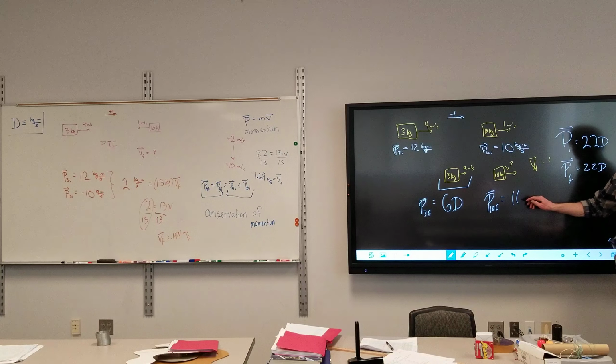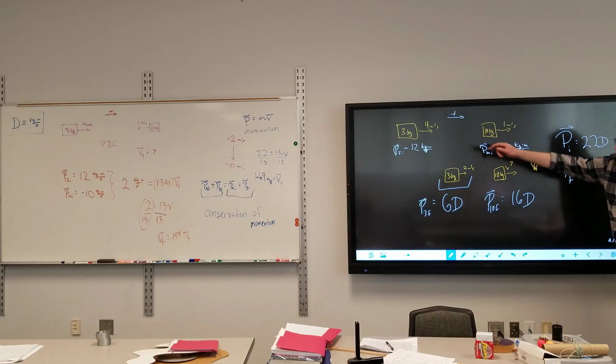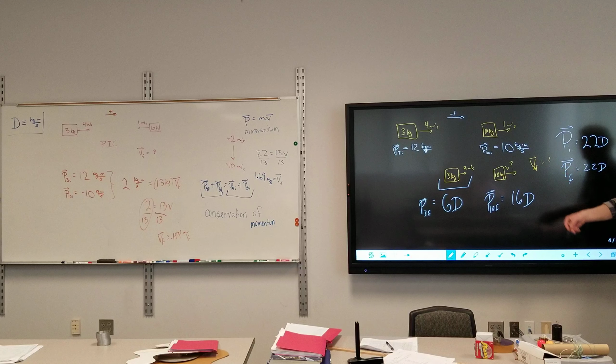So 16, I assume. My total before has to equal the total afterwards. That lost 6 units, this gained 6 units. All right, so I know the momentum has to be equal to the mass times velocity, so that's going to be equal to 10 kilograms times my final velocity of the 10.